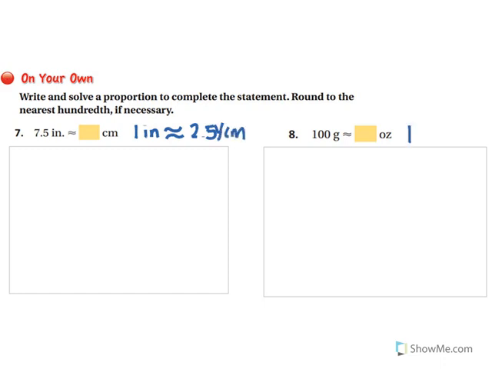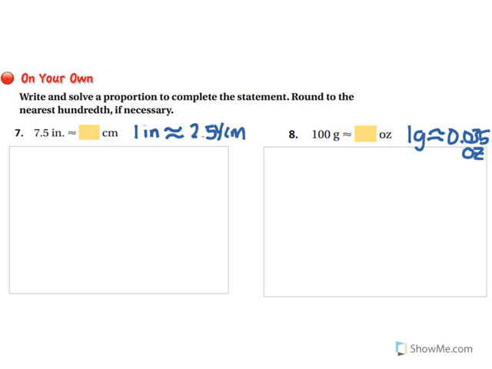And 1 gram is approximately 0.035 ounces. Okay, so use that information to solve these two proportions. I'm going to pause it, see how you do on it, and then we'll go over it together.